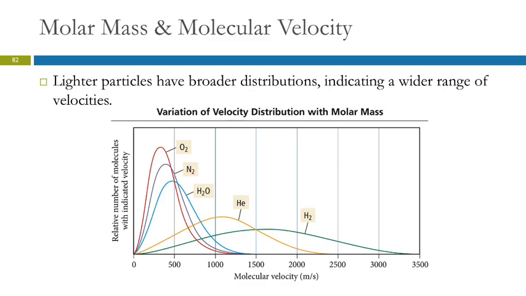So the size of the particles is getting smaller. And we see that the distribution of molecular velocities for oxygen is much narrower than it is for hydrogen. So this green one out here is very spread out. And so the average velocity for hydrogen is higher at this temperature than it is for oxygen, but it's also more spread out.